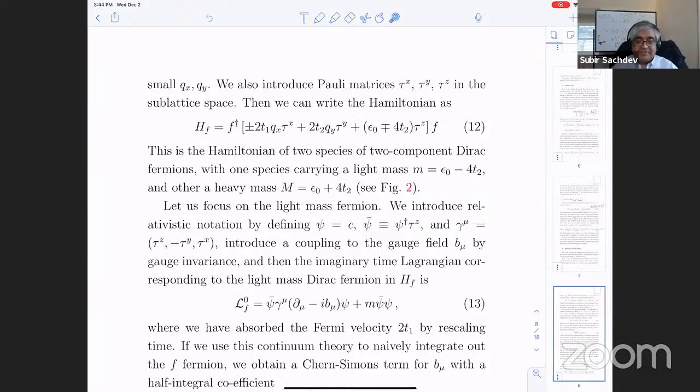And what you'll find is that the Chern number is actually not an integer. When the sign of the mass m has one sign, its Chern number is plus a half, and when m has the opposite sign, it has Chern number minus a half. So this is just a property of a single Dirac cone.